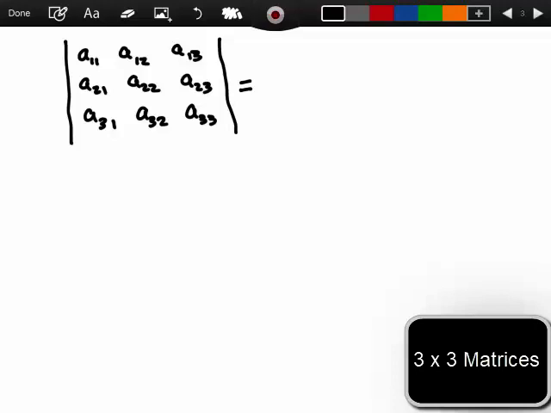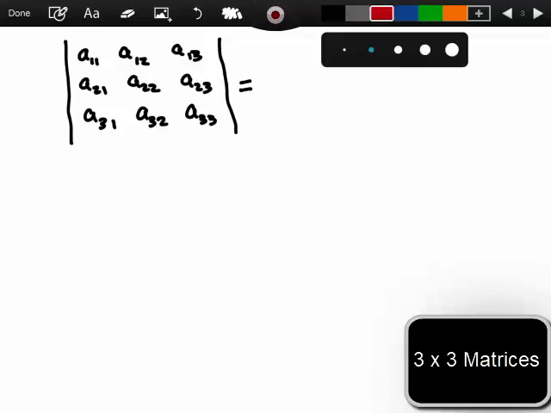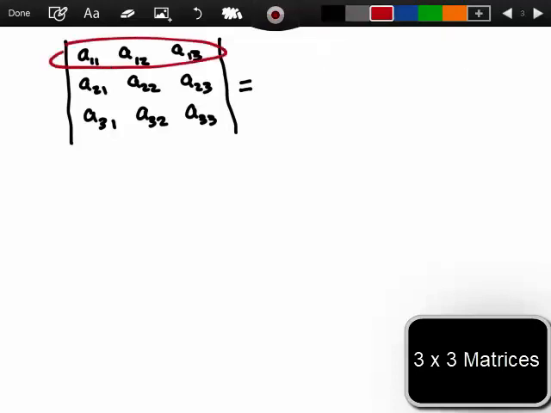All right, so I'm just going to pick the first row. And so I'm picking this row right here. What you're going to do is you're going to take each element and multiply it by its minor. A minor is the determinant of everything that's not in that row and not in that column.